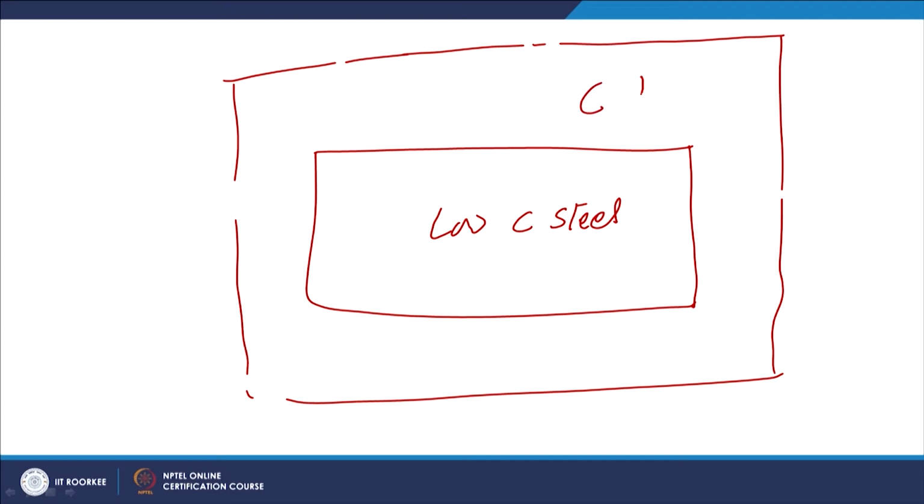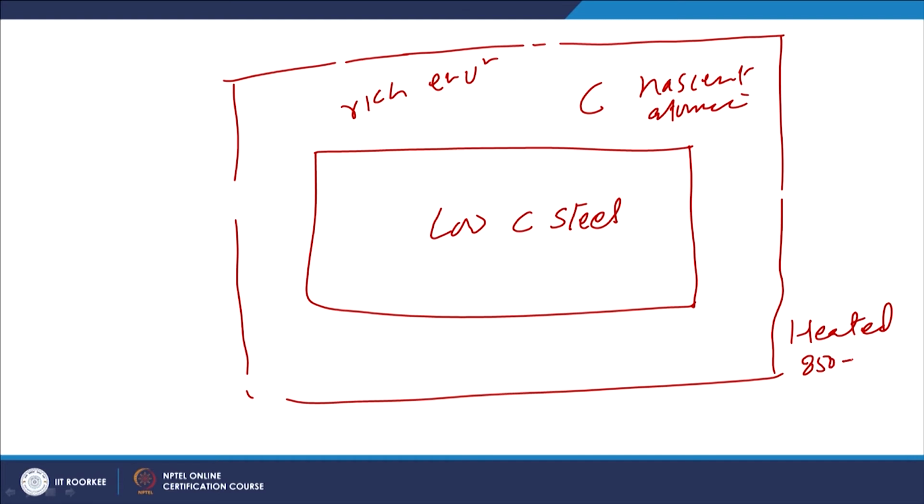So, carbon in a very nascent atomic state is made available, and a carbon rich environment is created around the component. This is one aspect, and the second is that the entire component is required to be heated to a high enough temperature. This temperature may be in the range of 850 to 950 degrees centigrade.